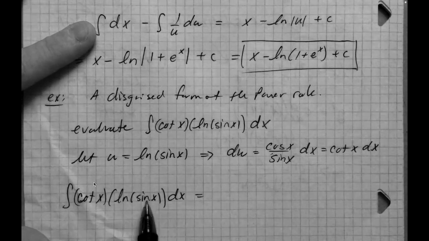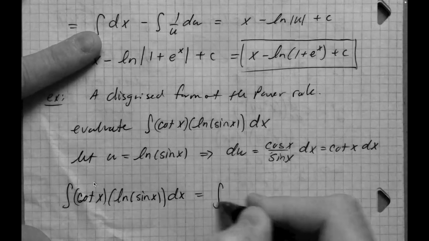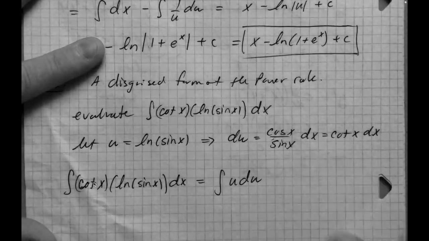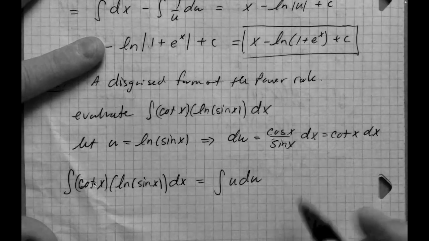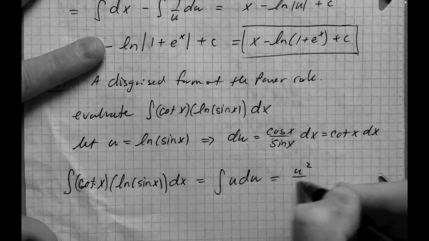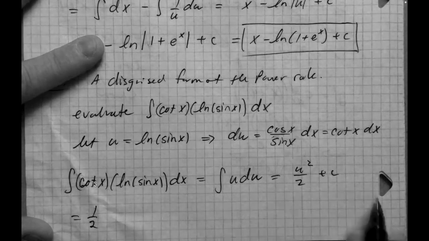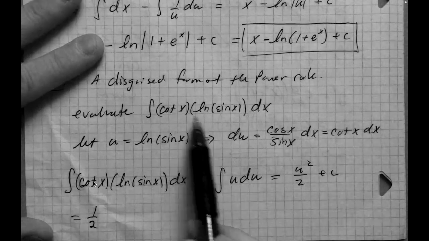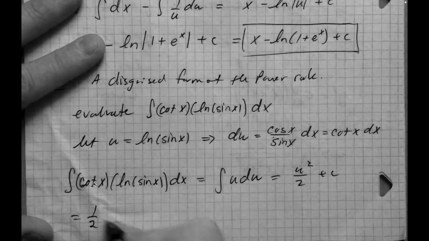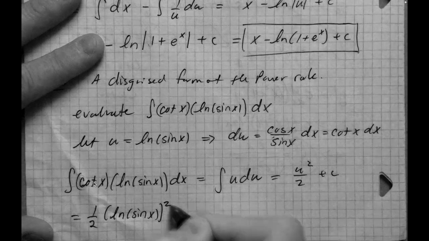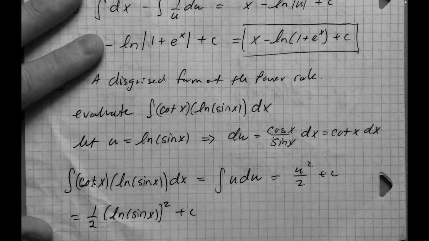So this is the integral of u du, which we can handle. This is just u squared over 2 plus c. So you get 1/2 times u squared, which is the natural log of sine of x, squared, plus c. There we go.